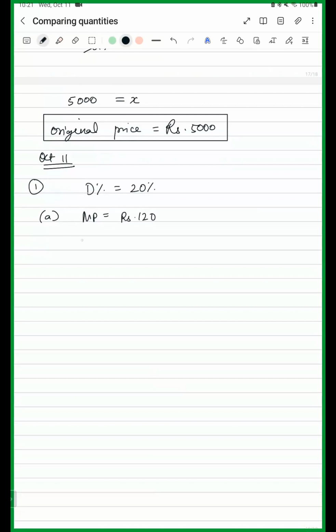So we know that marked price minus discount is equal to sale price. So we have to find the discount. And discount is equal to D% of SP.